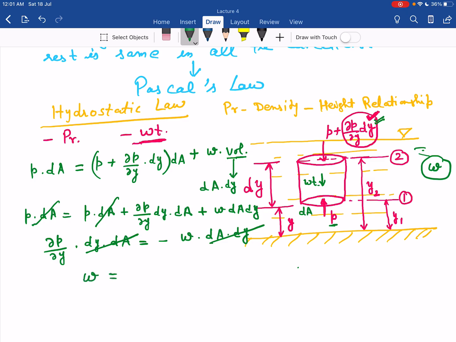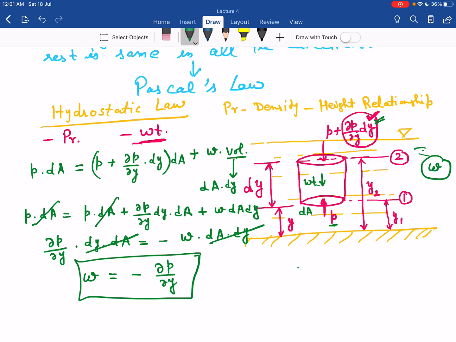So w is equal to minus ∂P/∂y. That means the specific weight is equal to the rate of change of pressure intensity along the y direction.